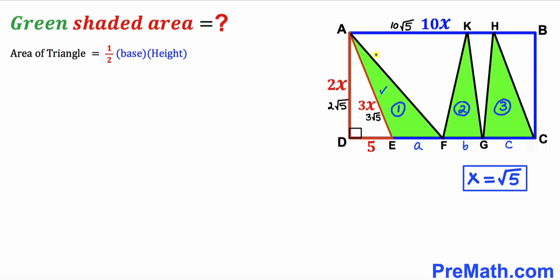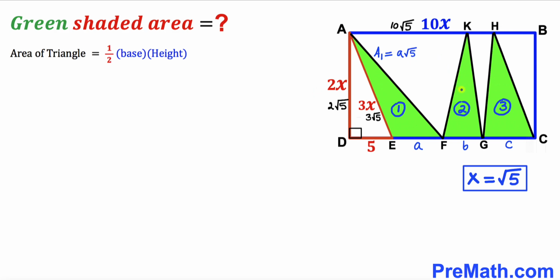Let me label this area as a sub 1, which is equal to a half times the base, which is a, and the height is 2 times square root of 5. So I can write a times 2 times square root of 5 over 2. If we simplify, this 2 and 2 are gone. So this gives us a times square root of 5.